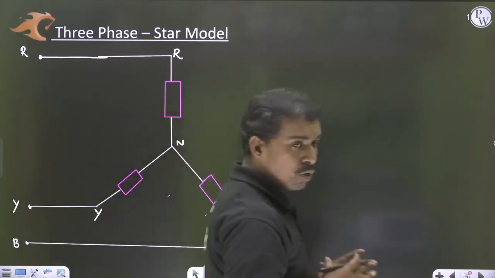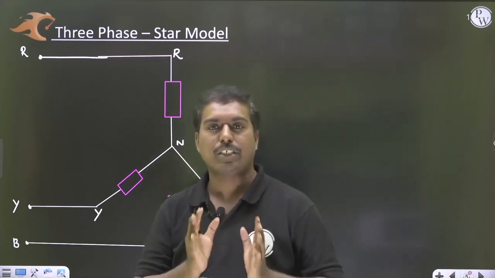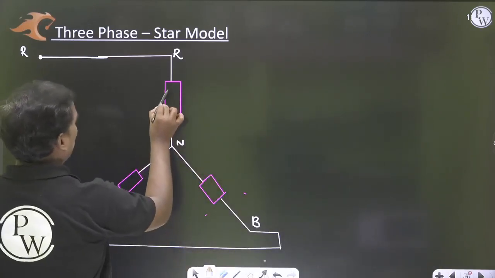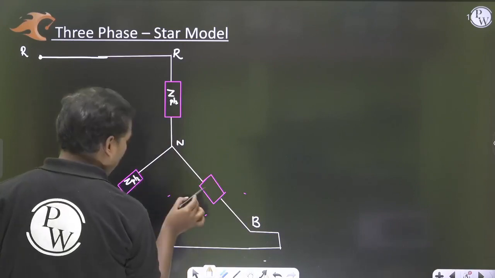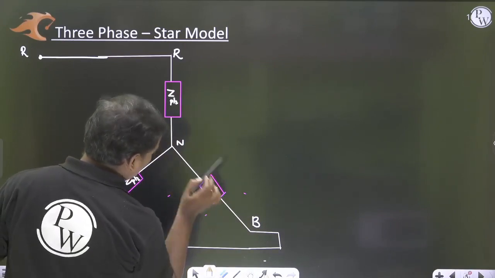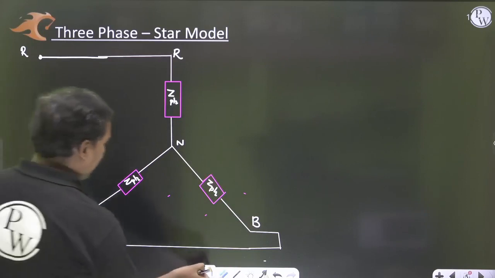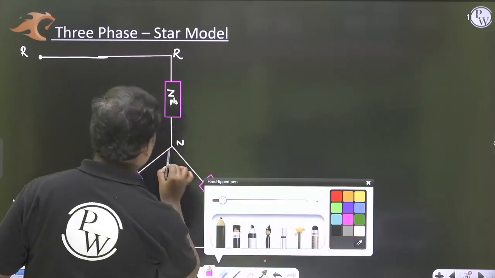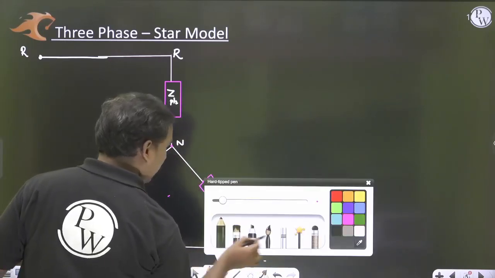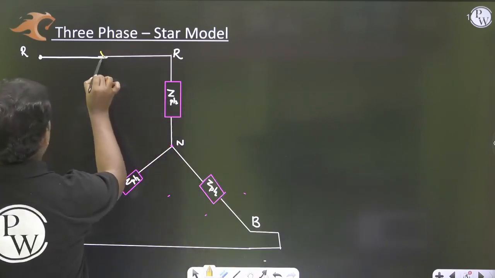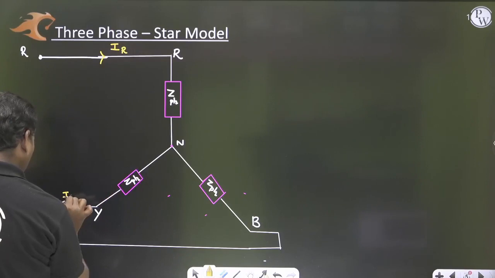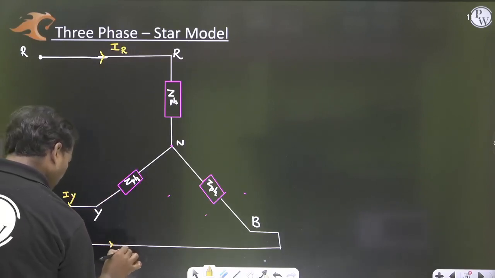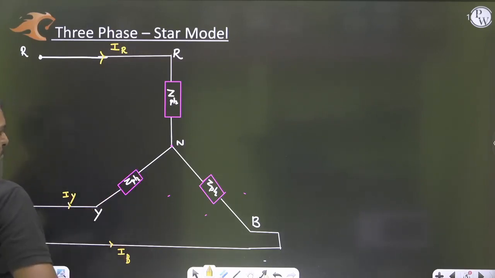In a star model, the loads are connected in a star way. This I can take as a load impedance ZPH. This can be leading or lagging, so right now I am considering ZPH. Now with respect to neutral, so this is the neutral. Let us consider this as IR, this as IY, this as IB.